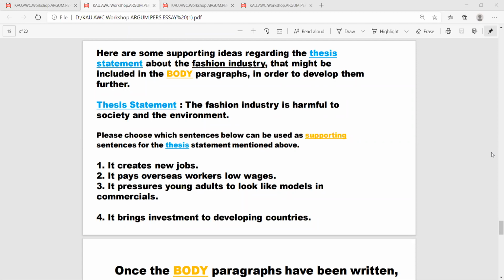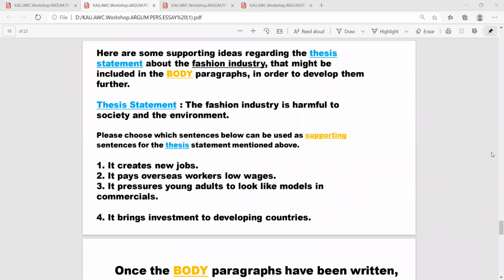Or certain brand jeans, well, then it is harmful to society because people will be very, very saddened by the fact that some clothing or footwear is being created by child labor, and those children should be in school, right? So number 2, if you look at it globally, can be pertinent or can be selected as perhaps, to a lesser degree, a supporting sentence. But I agree that number 3 would be the best supporting sentence.